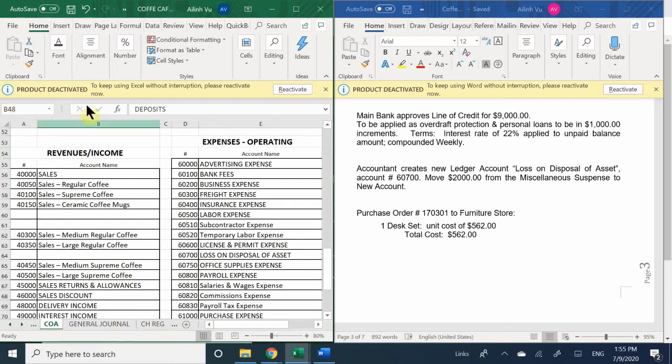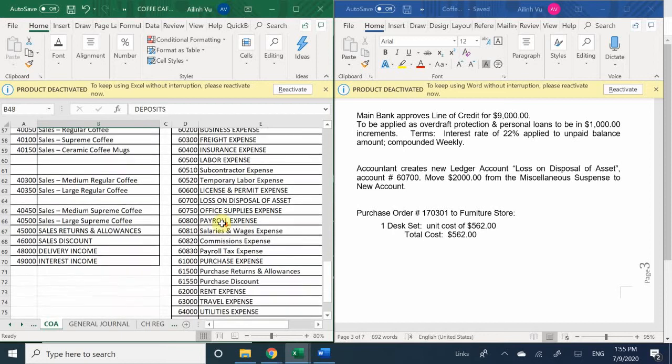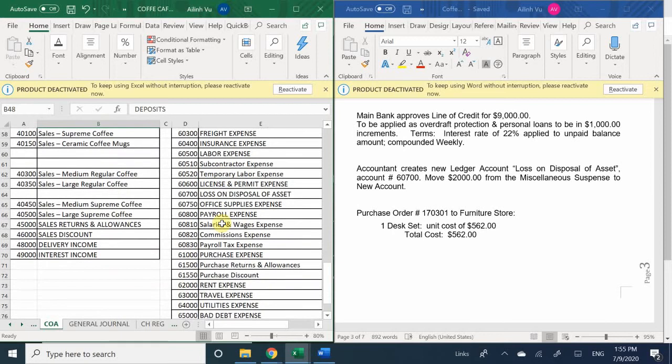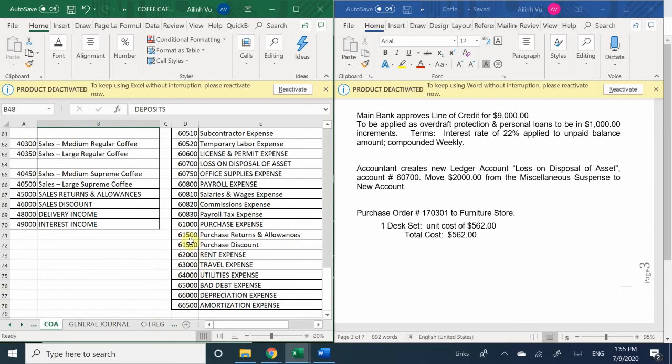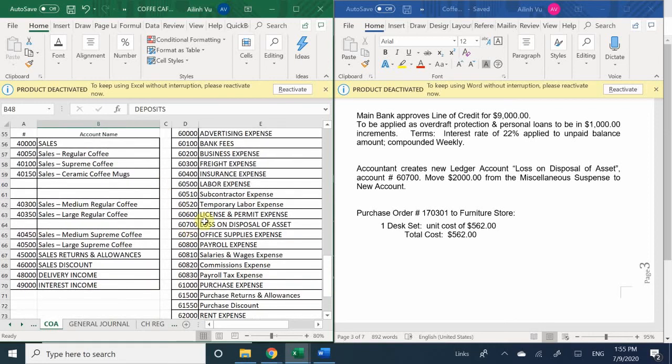So let's go ahead and double check that we have that account, because I said that all the accounts have already been pre-created. So this was loss on sale of asset. And here, loss on sale or disposal of asset right here. 6,700. Okay.